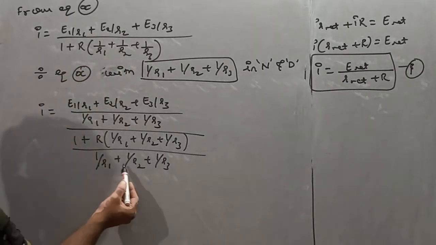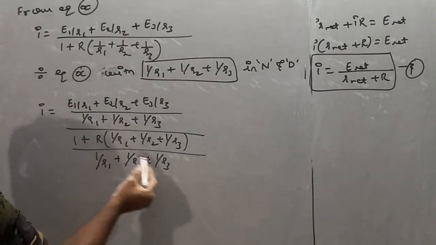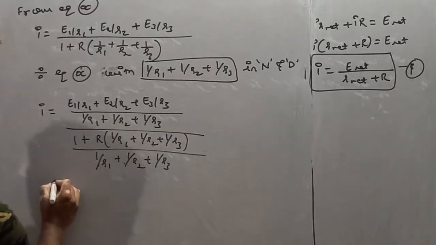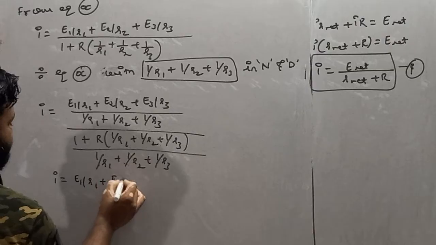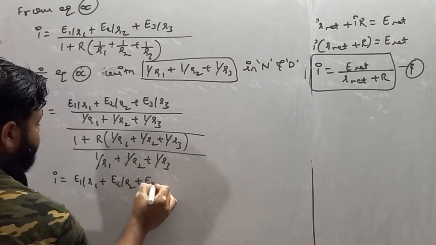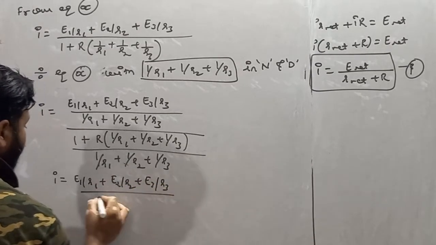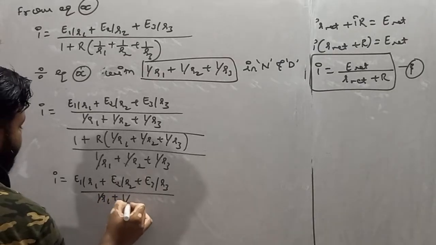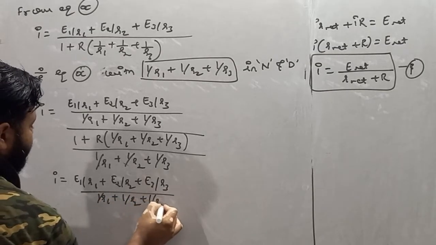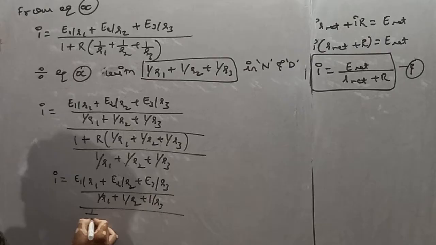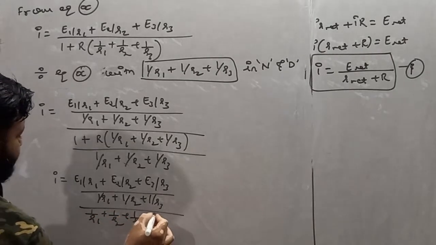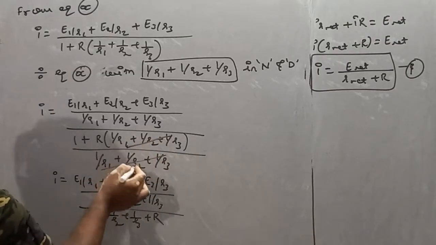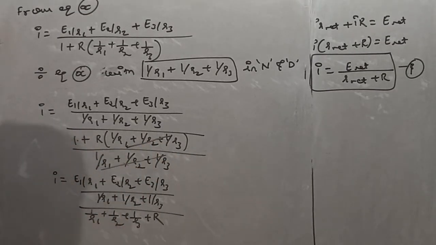Now see, my dear student, we'll get the LCM, this and this get cancelled. So we'll get I is equal to E1 by R1 plus E2 by R2 plus E3 by R3 whole divided by 1 by R1 plus 1 by R2 plus 1 by R3, divided by 1 by R1 plus 1 by R2 plus 1 by R3 plus R, because this and this get cancelled and the LCM is 1 by R1 plus 1 by R2 plus 1 by R3.